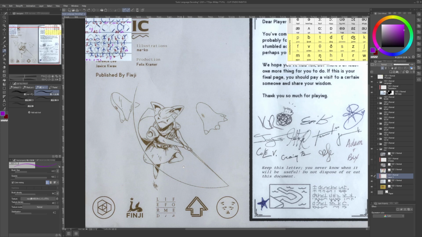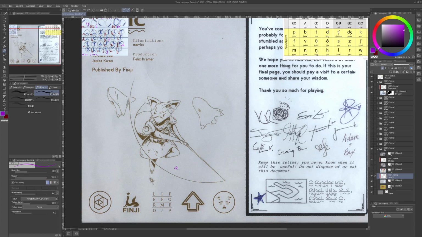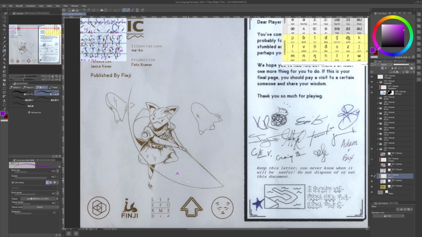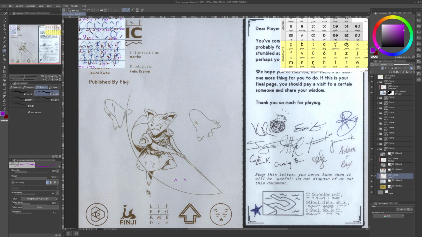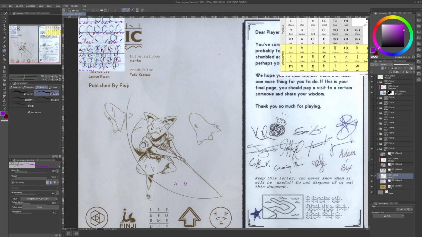Oh, we don't actually know that first consonant. Okay, that's not good. But we know the vowel is A. And then we'll put space. And then it's S. I don't think we know what that is, do we?